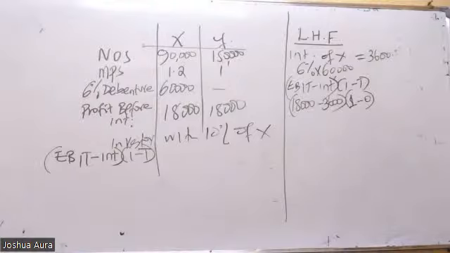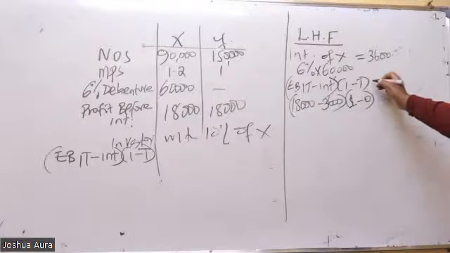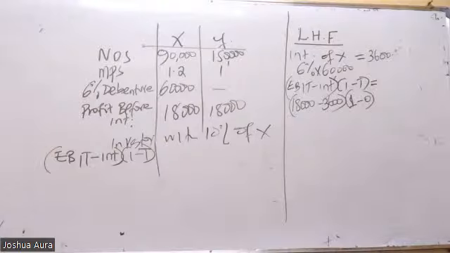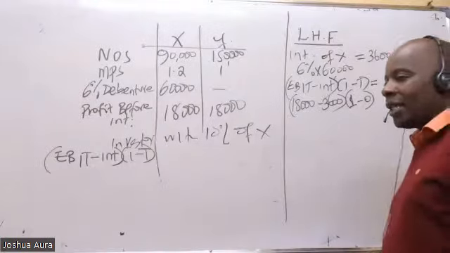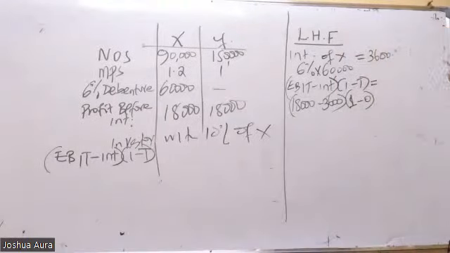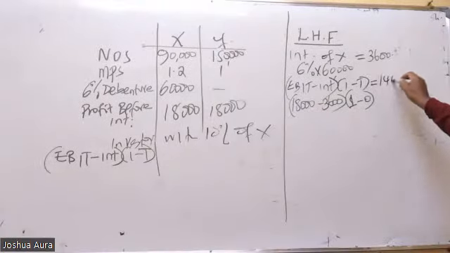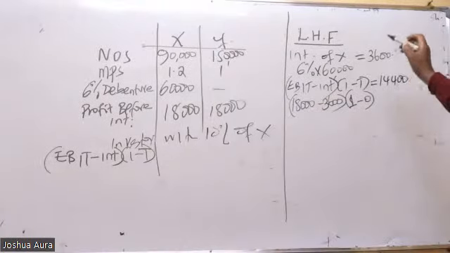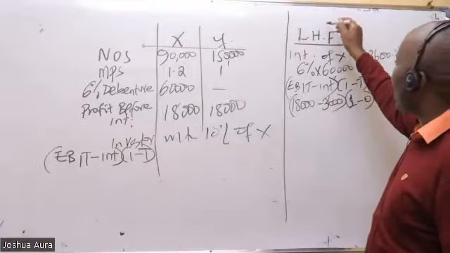Tax given there is 0. No tax has been provided. So can somebody give me the distributable earnings? According to John Massey, according to Emily, we have 14,400. Thank you very much.